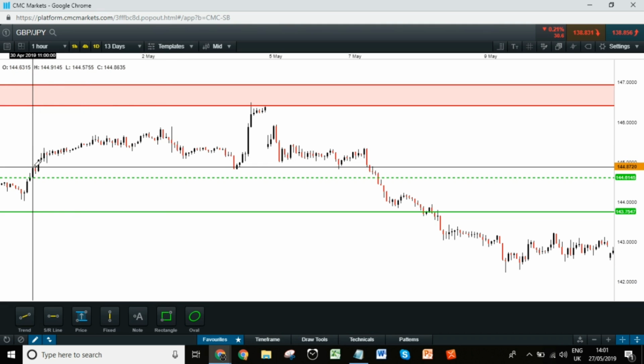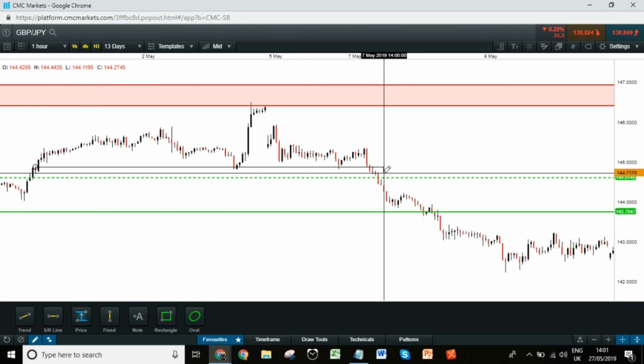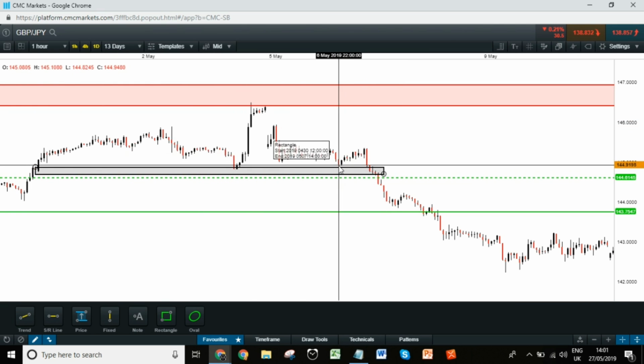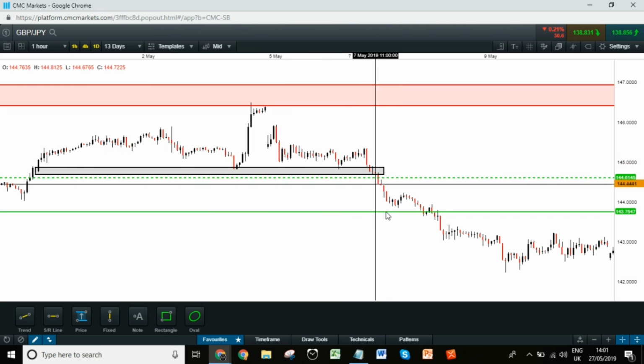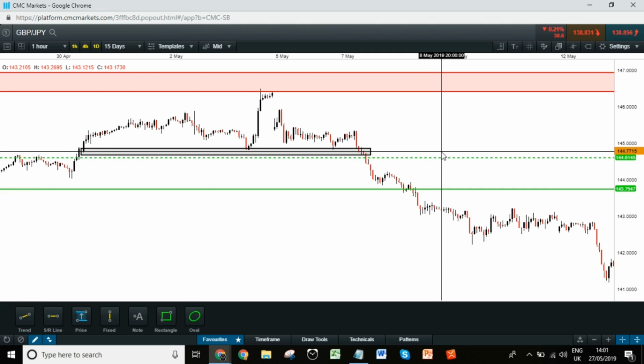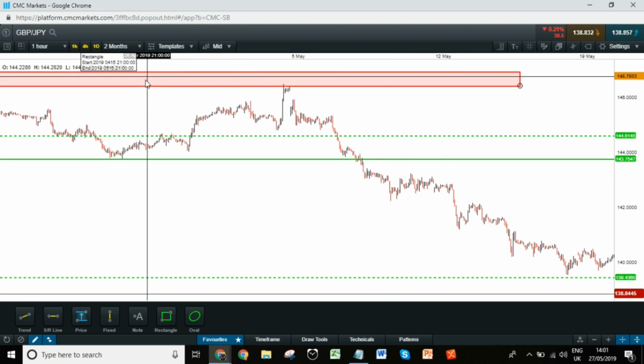So let's wrap some lines around it. We can see the market tested it once, bounced up, tested it twice, and then gradually broke through. But then there was nothing for the market to come back round to for our trigger event. So in this case, we would have simply missed out on the trade.